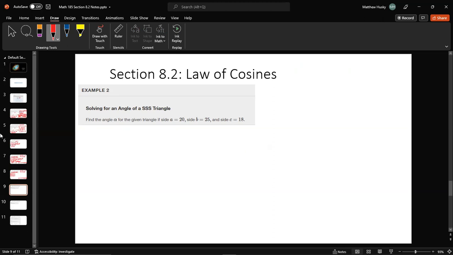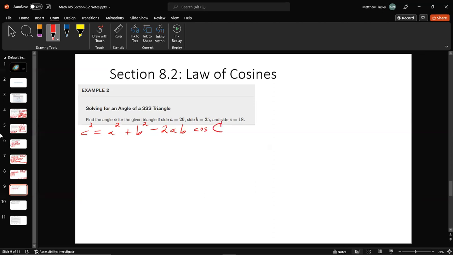All right, let's see what we've got going on here. Pick your favorite angle, basically. Why don't we start with C? Why not? C squared equals A squared plus B squared minus 2AB cosine of C. There you have it.